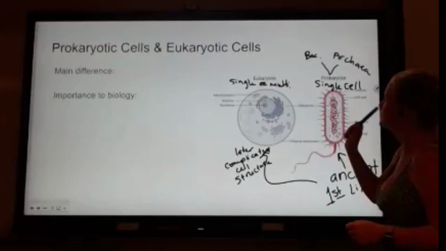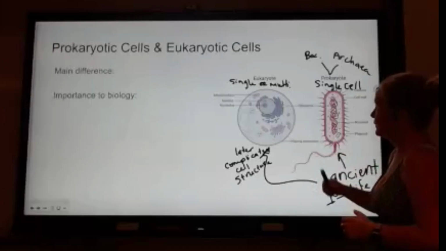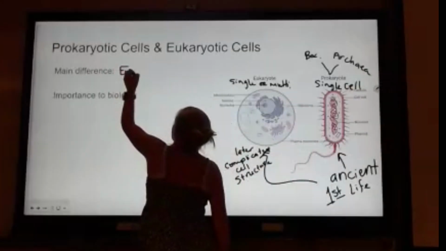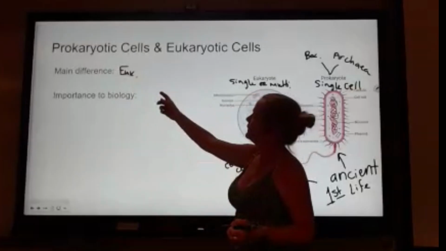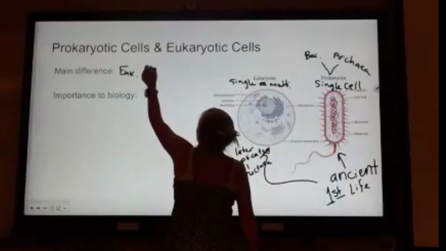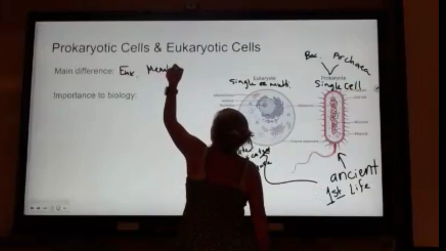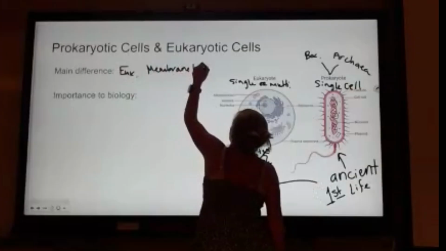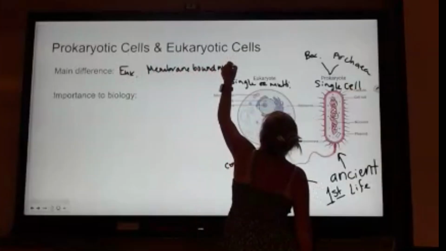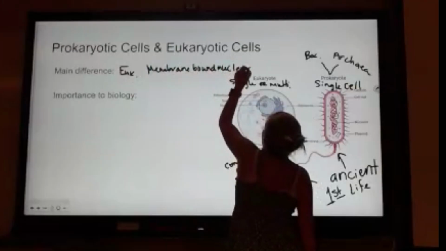All right. So main difference: eukaryotes, which I'm just going to do the EUK. These have a membrane-bound nucleus. Okay.